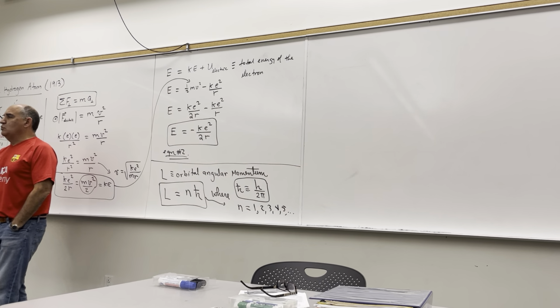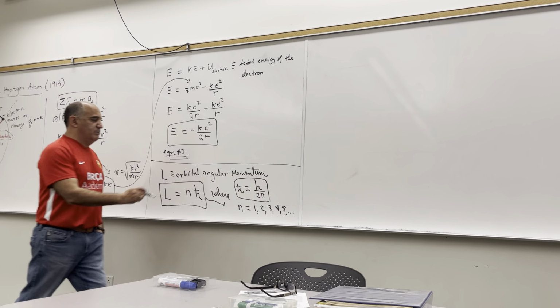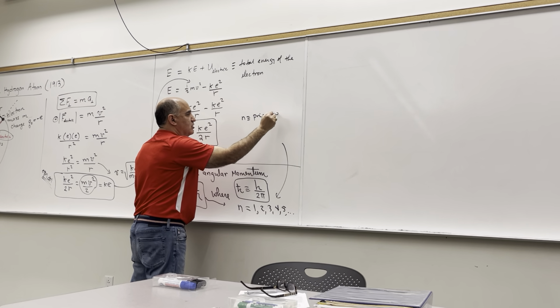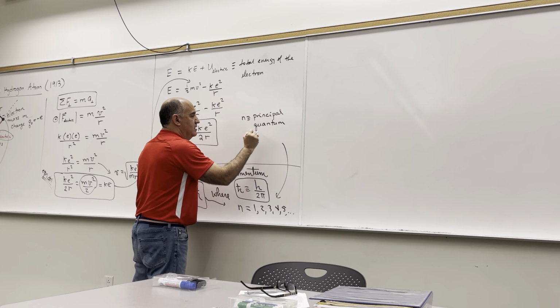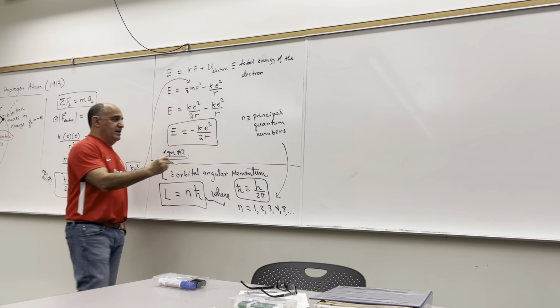And n is known as the principal quantum number. At that time, it was just called a quantum number, but it turns out that with quantum mechanics, there are other quantum numbers that show up. So this is the principal one, n.